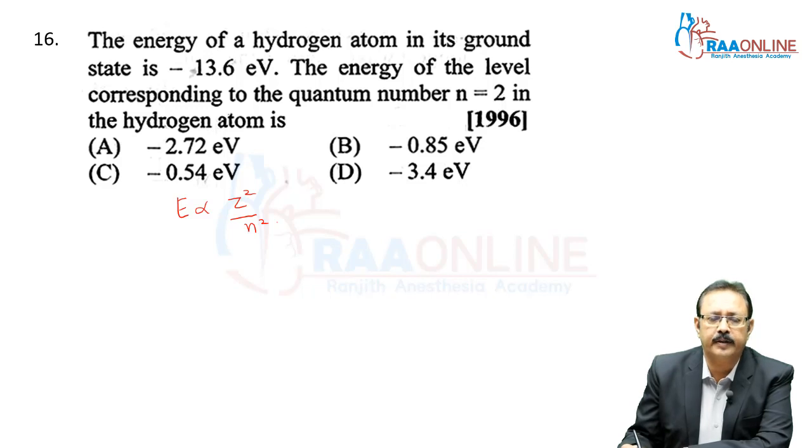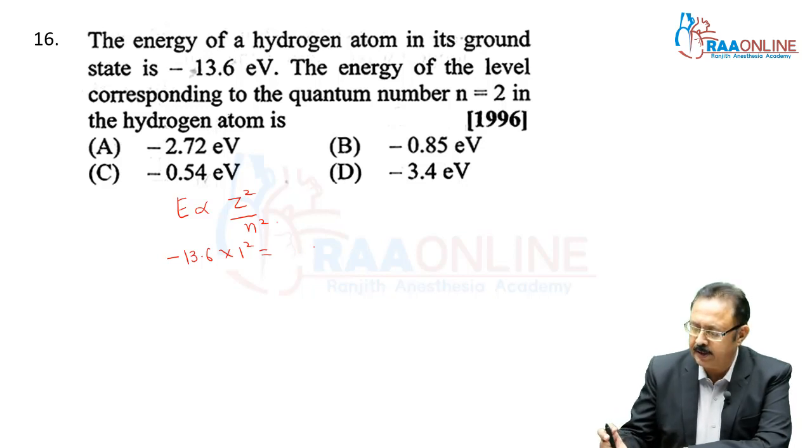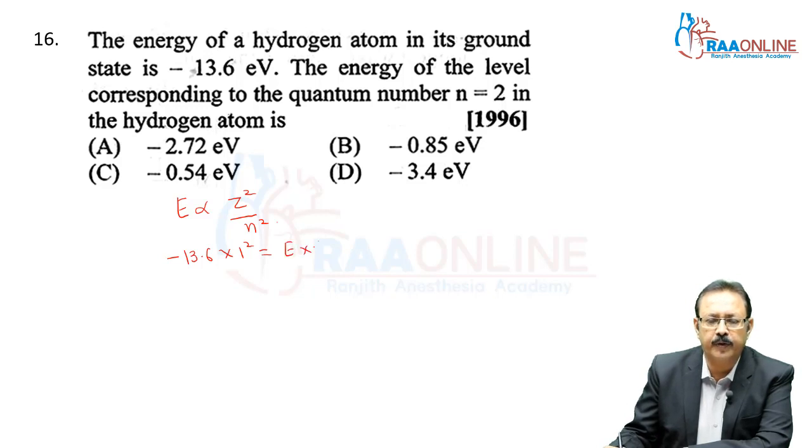For first orbit, it is minus 13.6. For second orbit, suppose energy is E, into 2 square means 4, so E should be minus 3.4 electron volt.